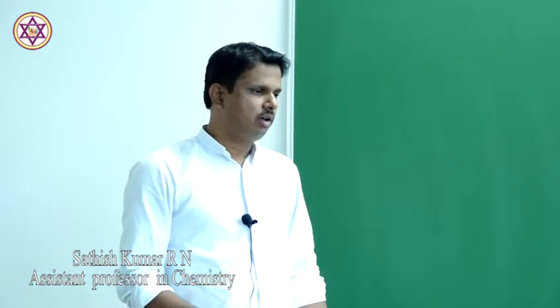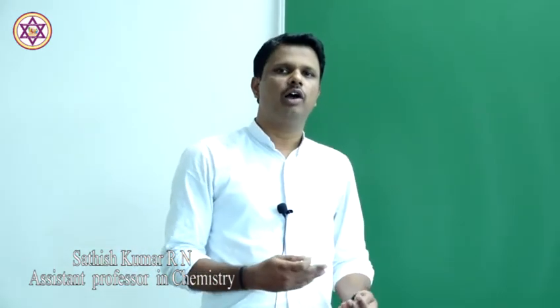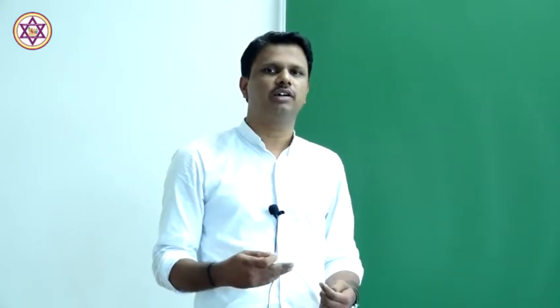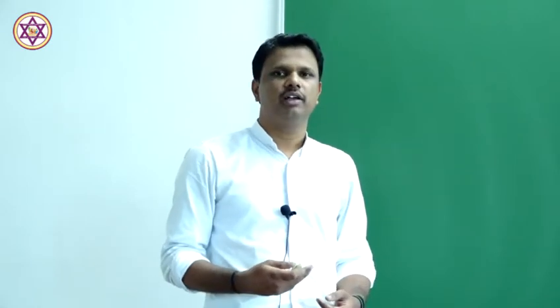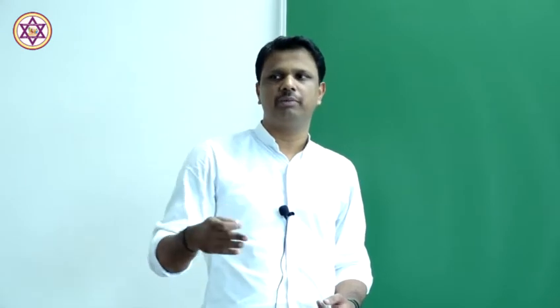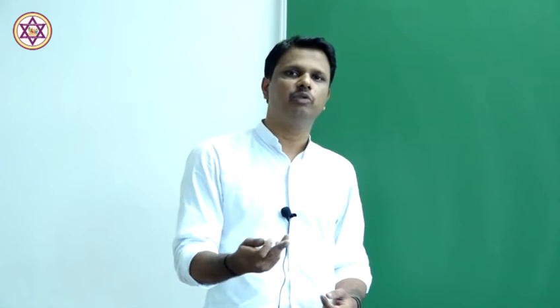In the last class, we discussed alcohols, how they can be classified and how they undergo some reactions. Let us continue with that. We tried to understand how alcohols can be classified into primary, secondary and tertiary, and how we can identify them using Victor Meyer's method as well as the oxidation method.